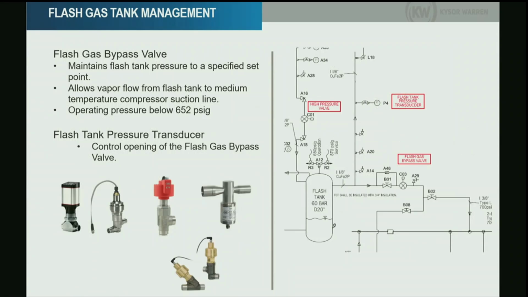The flash gas bypass valve is the one that actually manages the pressure in the flash tank. So here is the valve, the pressure transducer is here, and this is the high pressure valve. Based on this pressure reading, this valve will open or close. Those are the types of valves that we can use. They are very similar to the high pressure valves.